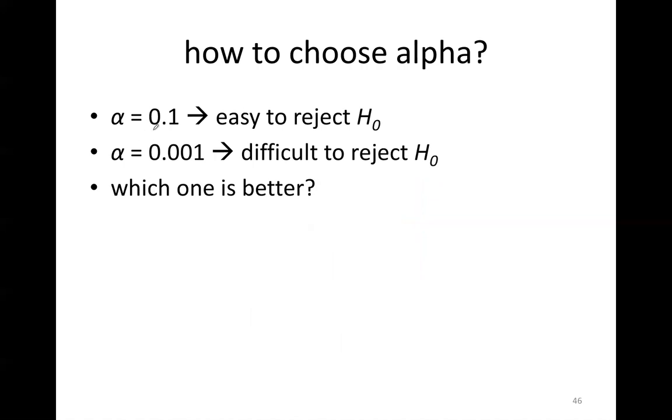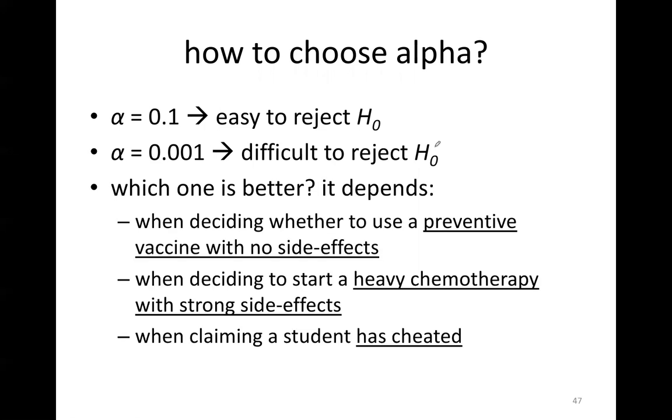So alpha 0.1, we said, makes it easier to reject. 0.01, for instance, makes it more difficult to reject. Which one is better? It will depend on the situation. So for instance, if you're trying to decide on whether to use a preventive vaccine which is known to have no side effects, then perhaps you can be relaxed about false positives, right?